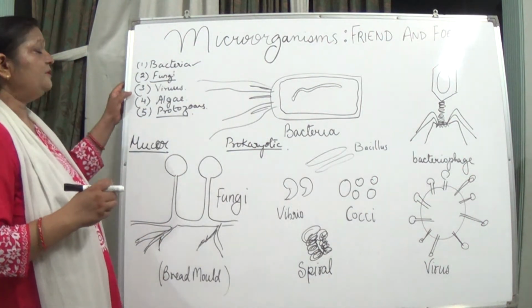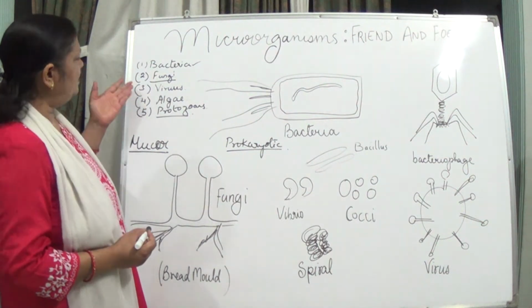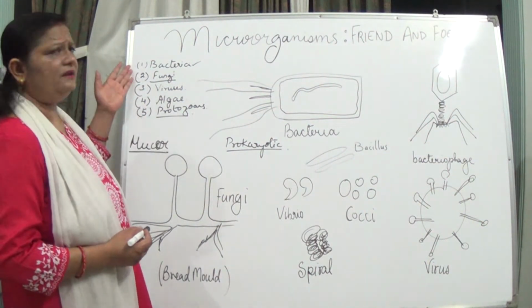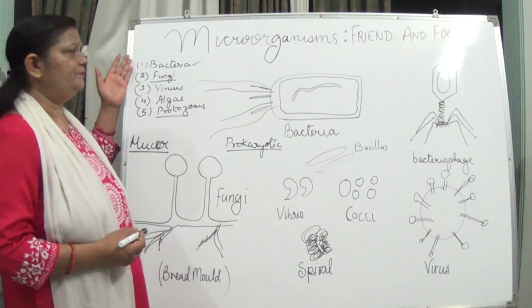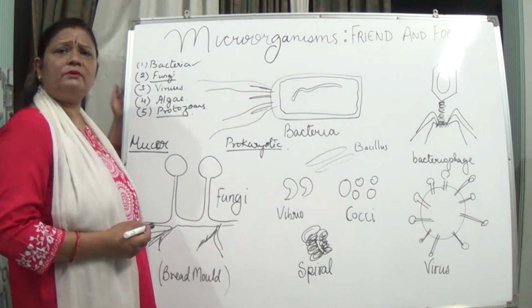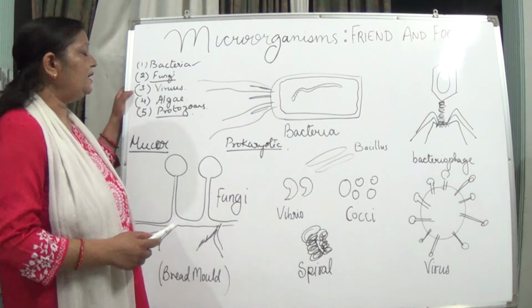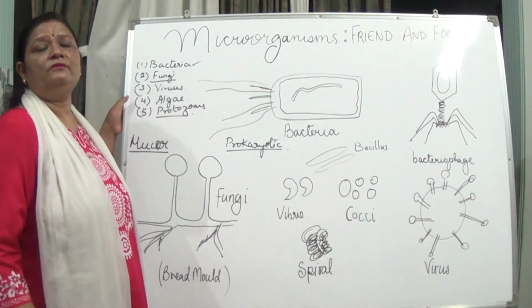Now, coming to viruses. When we talk about viruses, are they living or non-living? Like bacteria, we say it is living. Fungi, we say it is living. But when we talk about virus, are they living things? Beta, when they are in the environment, they are non-living in nature.